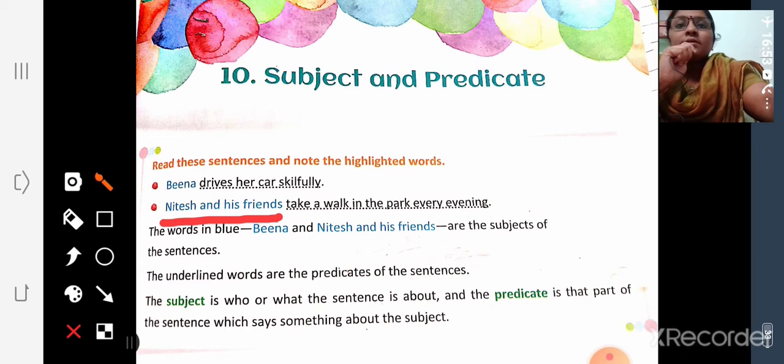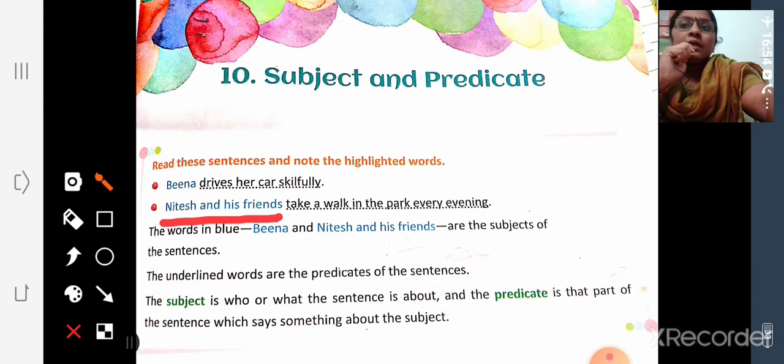The subject is the part of the sentence that speaks about something or somebody. The first sentence speaks about Beena. The second sentence speaks about Nitesh and his friends. So they are the subjects.